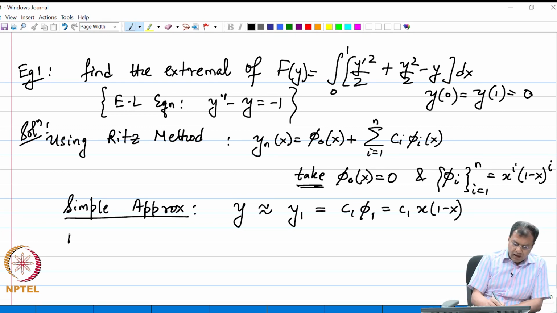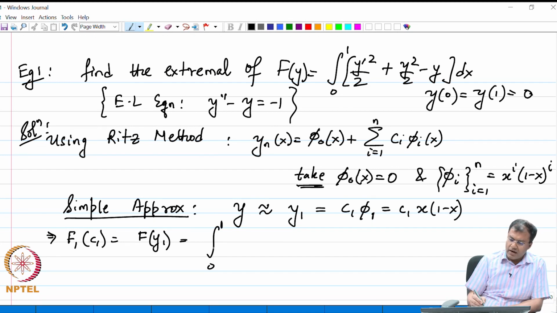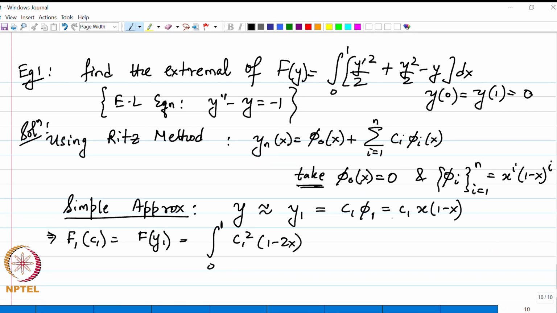Then f1 of C1 is nothing but f of y1, which is equal to the integral from 0 to 1, where I am just plugging in y1 instead of y. We see that this is equal to C1 square times 1 minus 2x. So phi 1 is this quantity, and I can immediately get that the derivative of phi 1 is 1 minus 2x, where phi 1 is x times 1 minus x.